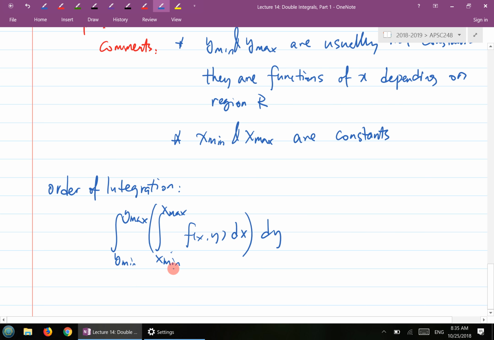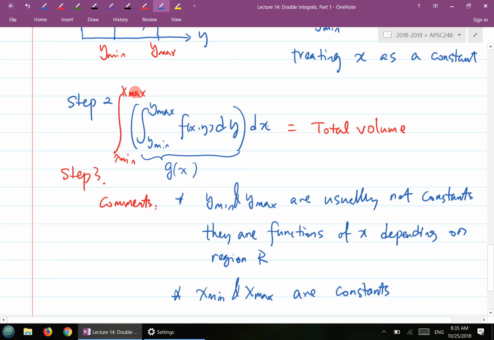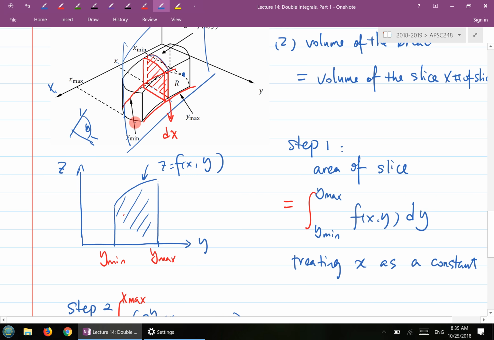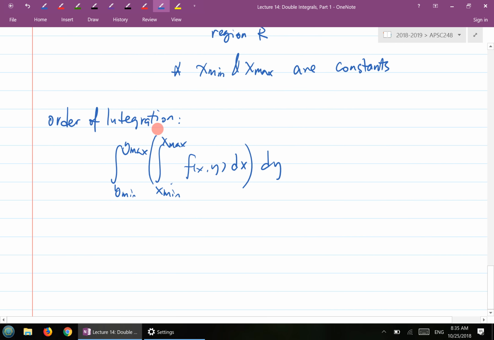As you can see, this x min, x max won't be the same as that x min, x max. Because when you do the slice like this, your x min here and x min there are not constant anymore. They become functions of y. So that's the tricky part when you do a different order of integration: how you find the appropriate limits has to be done separately.